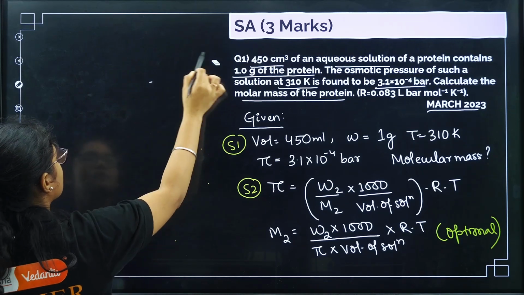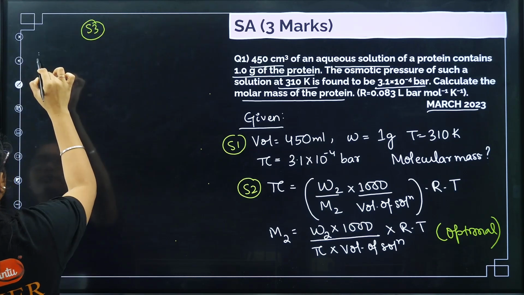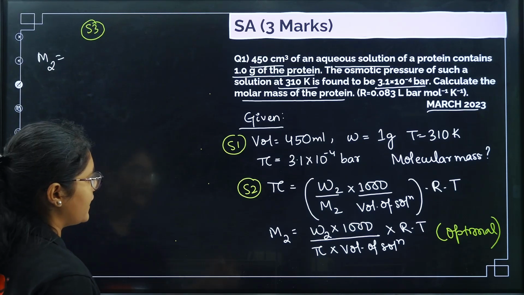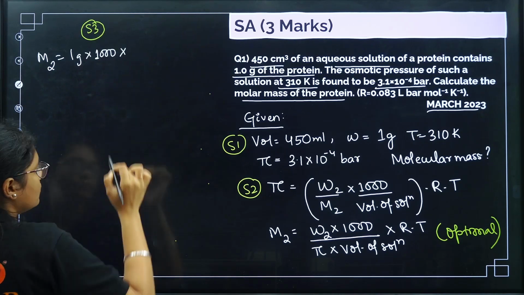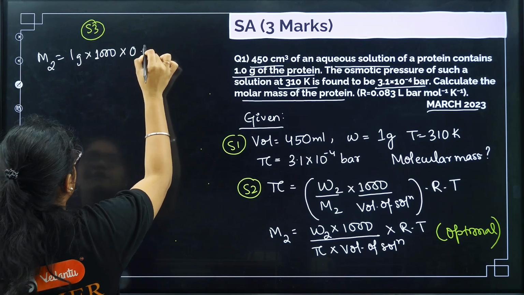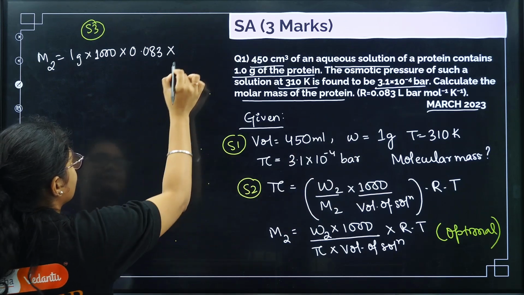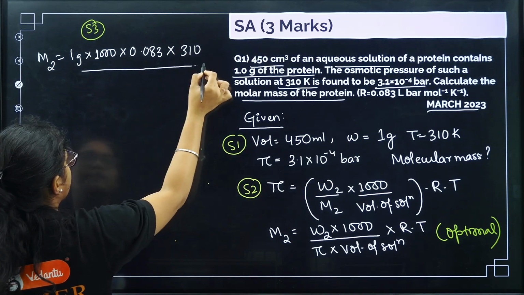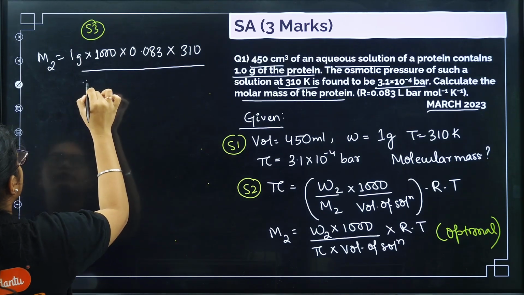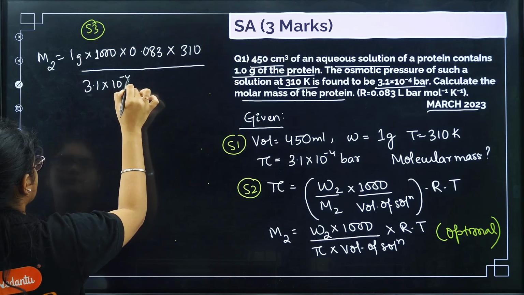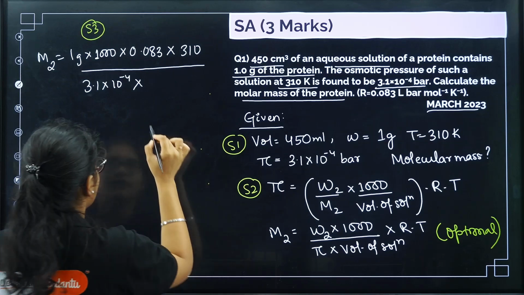In step 3 we are going to substitute the values. So M2 will be equal to 1 gram into 1000 into R value, that is 0.083, then temperature 310 Kelvin, then pi value 3.1 into 10 to the power of minus 4. Then you have the volume of the solution, which is 450 ml.